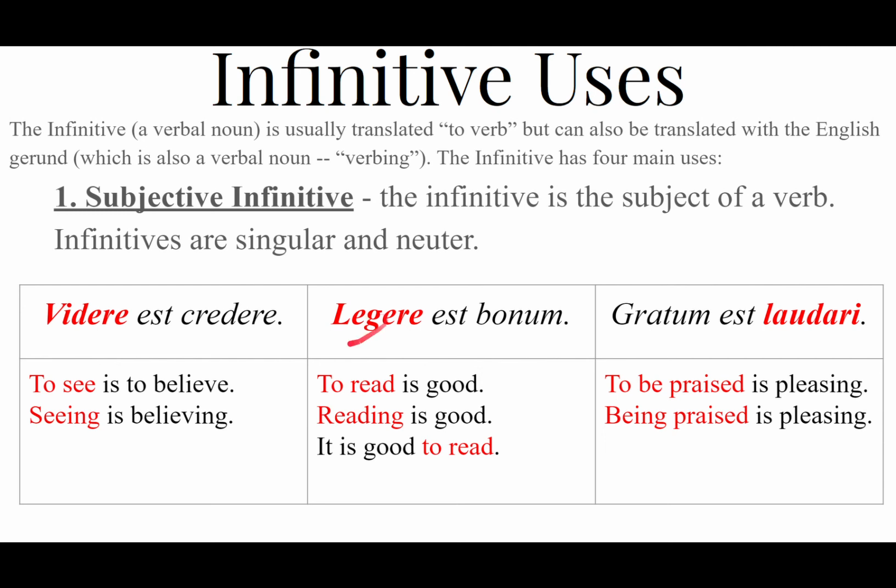To read is good. Remember that infinitives are singular and neuter, which is why the form is bonum, singular and neuter. The gerund form: reading is good. We could also flip it around to say, it is good, bonum est, it is good, legere, to read.